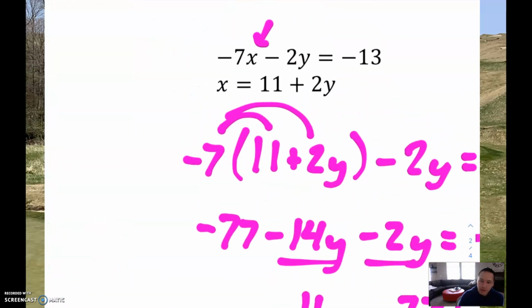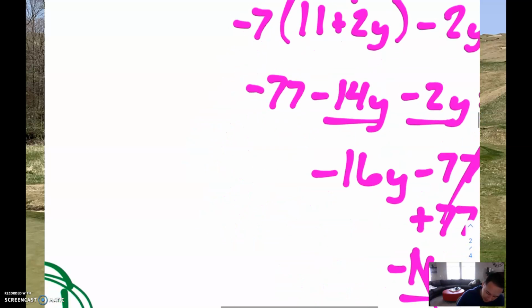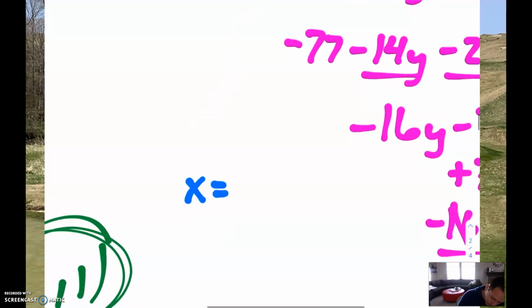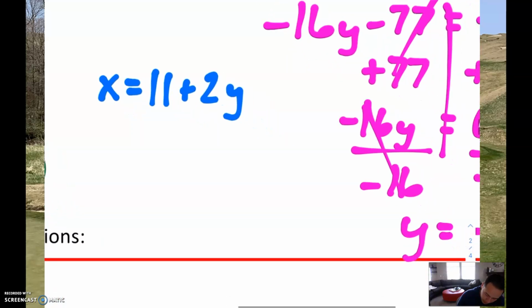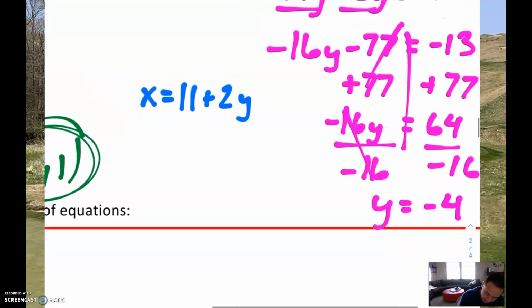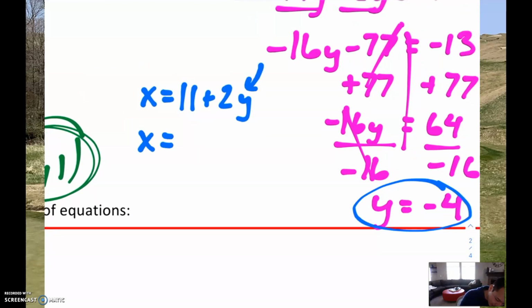Which one would you rather use, the top or the bottom? I think the bottom one looks a lot easier. So x equals 11 plus 2y. And we now can replace, we found that y is equal to negative 4, so I'm going to replace this y with a negative 4.